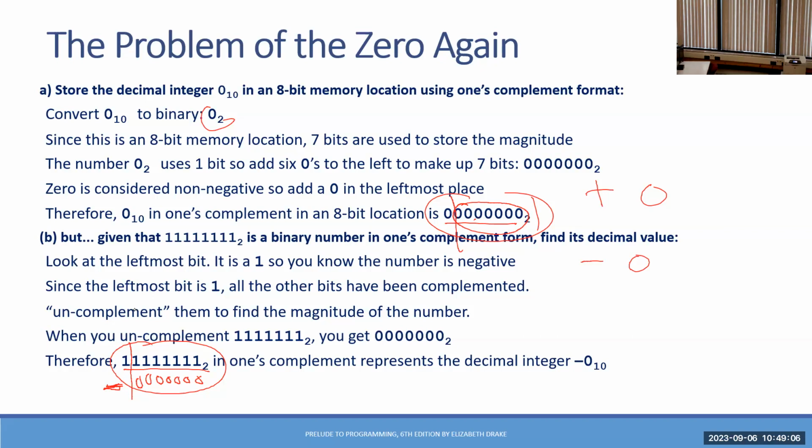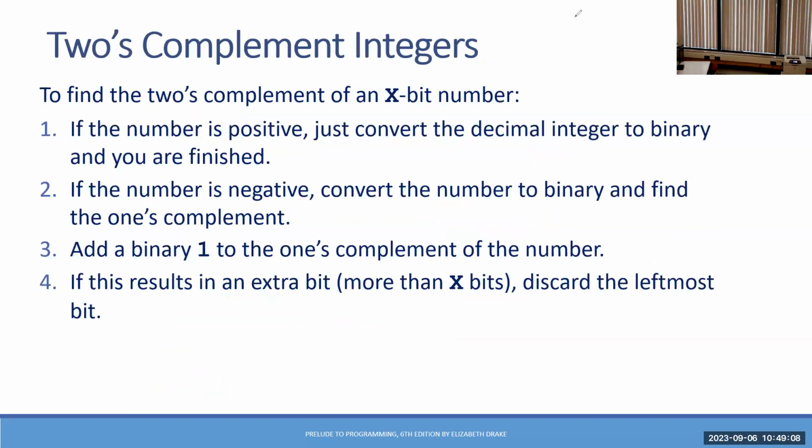Now we go with the 2 complement here. So what is the 2 complement? So for the 2 complement integer, the positive number is always the same. It follows exactly the same. You just convert it into binary and insert number 0 on the left to make it fill the full memory here. Right? But if you work with the negative, what happens here?